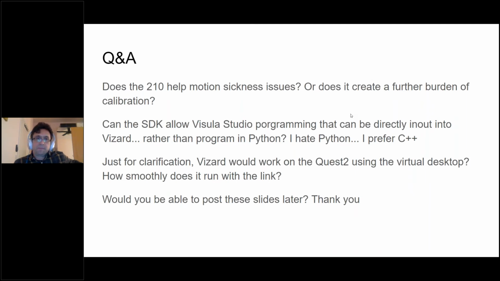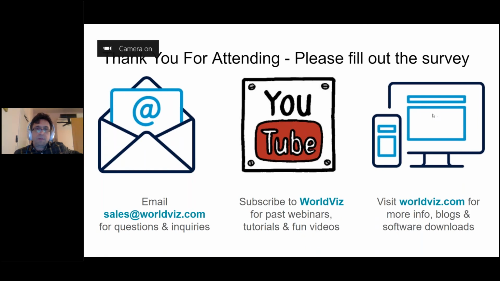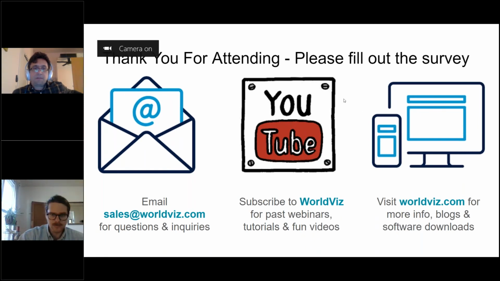Okay. It doesn't look like we have any other questions. You could always email us additional questions you might have. There was one question that I've just seen, the last one on that list: are these slides available later on? The answer is that we're publishing these webinars usually a few days after they happen on the WorldViz YouTube channel.